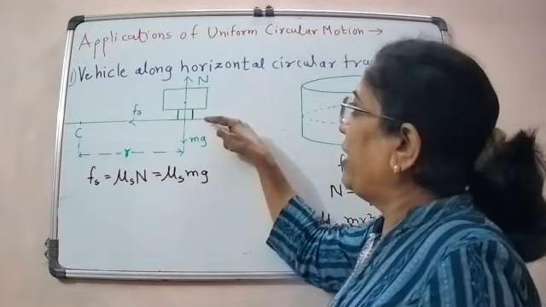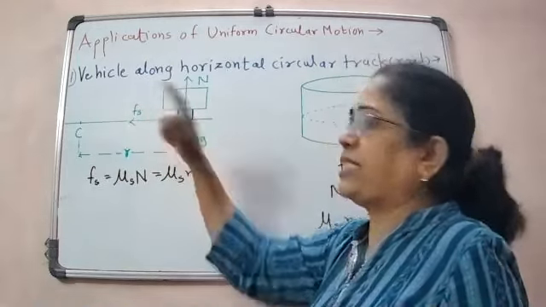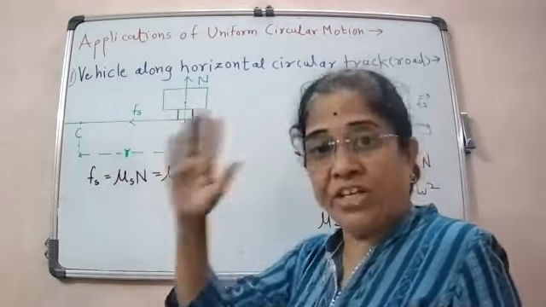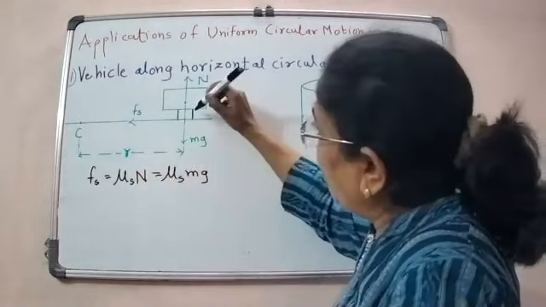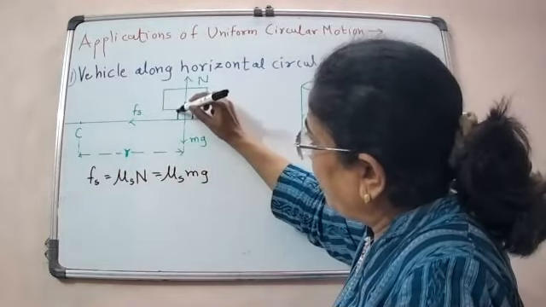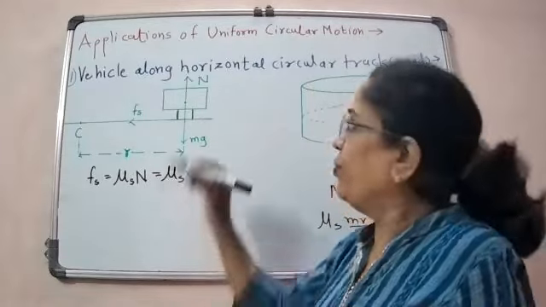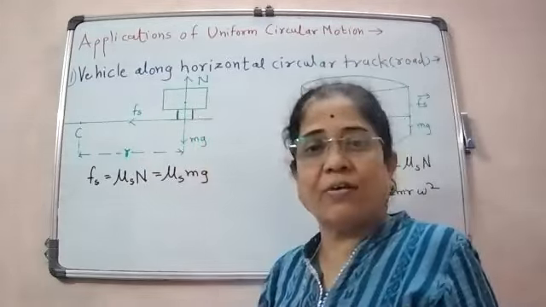And there is a force of friction Fs between the wheels of the vehicle and the surface of the road.